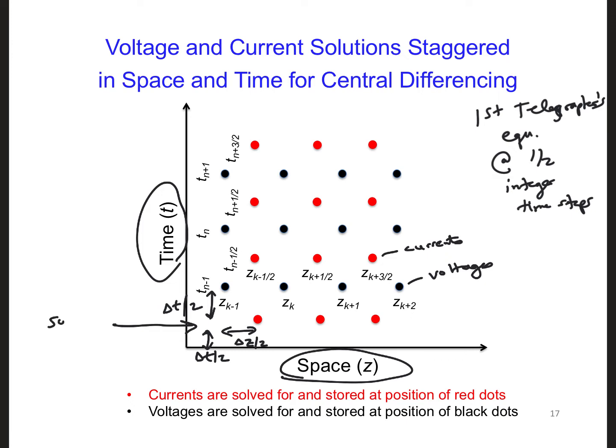If we solve the first telegrapher's equations at each of these half integer time steps, then think about when we apply central differencing to the time derivative, we'll be calling on a voltage that is a half of a time step to either side.